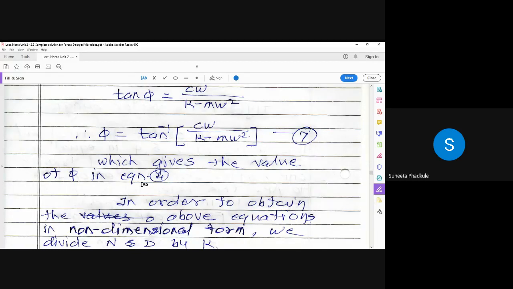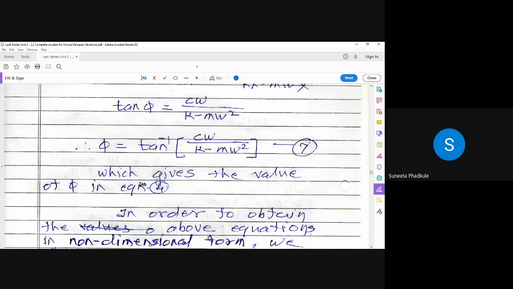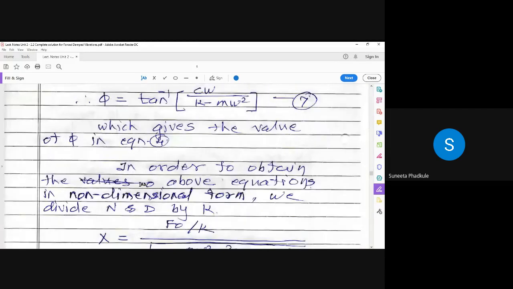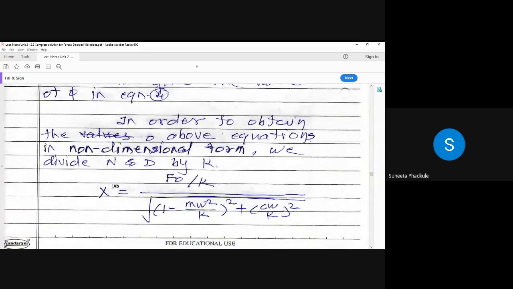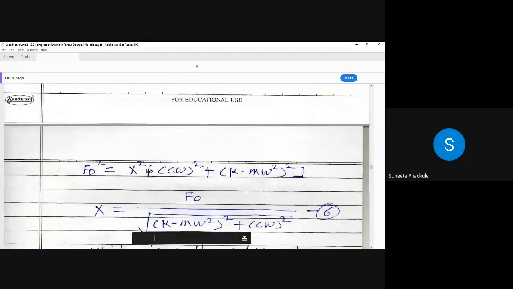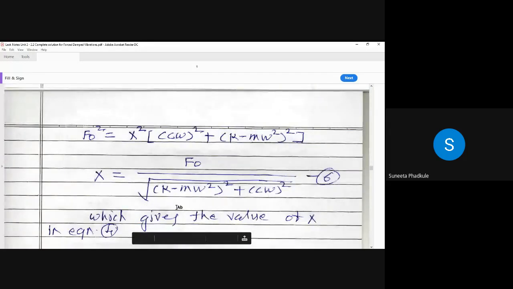But I want to write down the value of x and phi in non-dimensional form. So what I will do, I will divide by k to numerator also and to denominator also. See, this is the value of x we got, capital X. Divide numerator by k and divide denominator also by k. This numerator will be F0 upon k. Denominator will be, when you take this k inside the square root, it will become square.